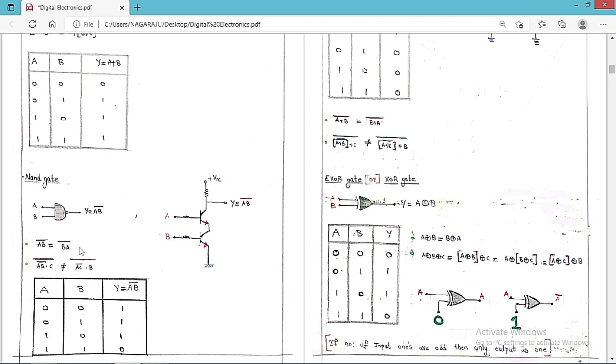So only the commutative property is satisfied by the NAND gate, but not the associative property. So this is the symbol, this is the truth table, and this is the circuit diagram.